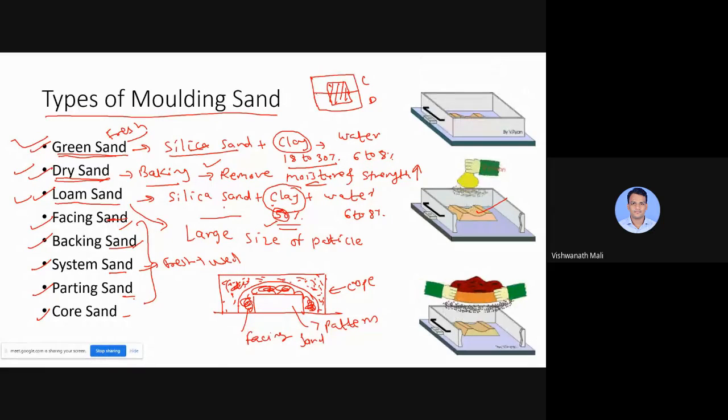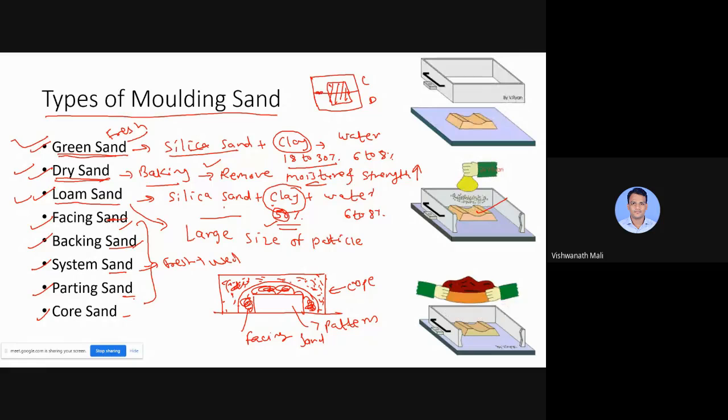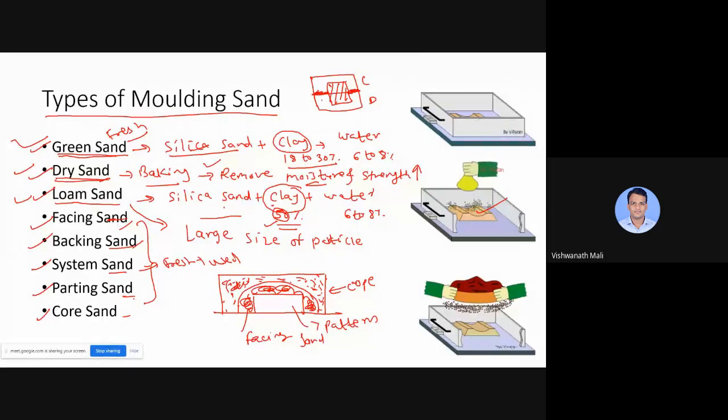Suppose we have not poured the parting sand here, what happens? The sand of the cope and the sand in the drag will get adhered to each other, and it is not possible to remove the pattern from the flask. So in order to avoid that, we pour the parting sand in between cope and drag so that the sand in the cope and the sand in the drag will not adhere. That is the use of parting sand.